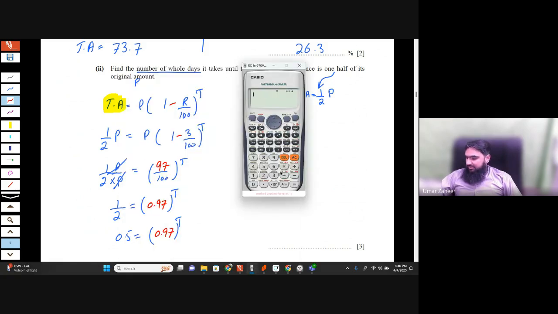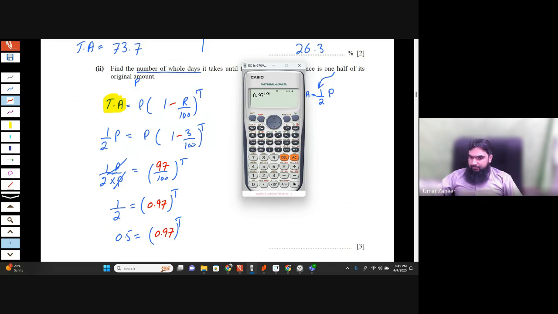Now we have to find the value. 0.97 raised to power, just substitute 2. It will be 0.9. Substitute 8, let's say. It is 0.78. Substitute 15. It is 0.6. Very close.